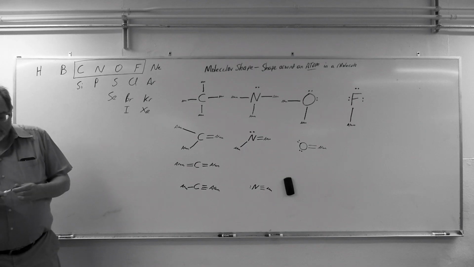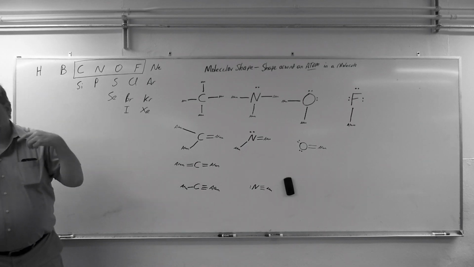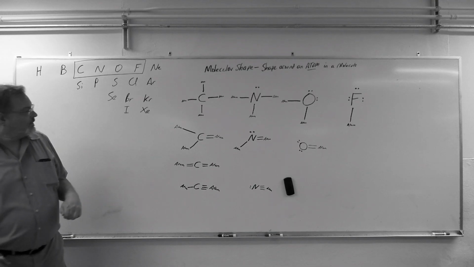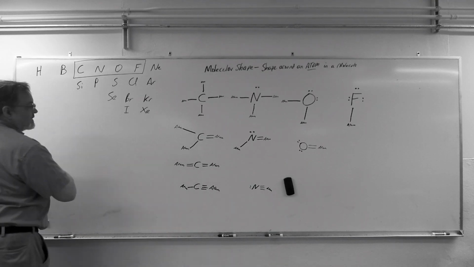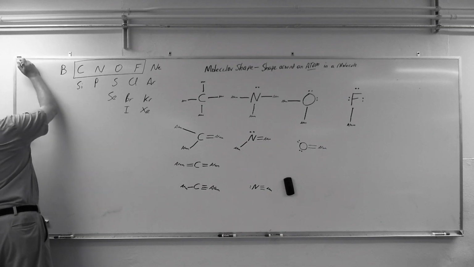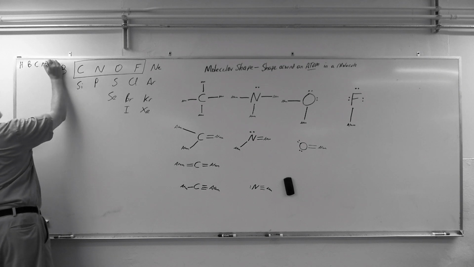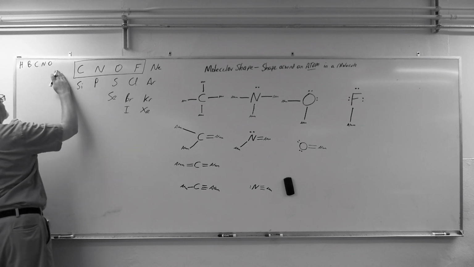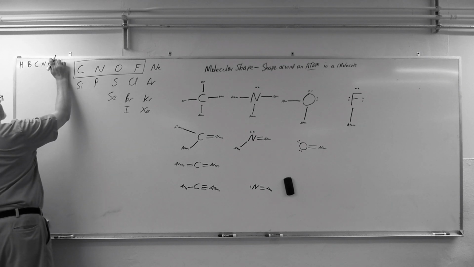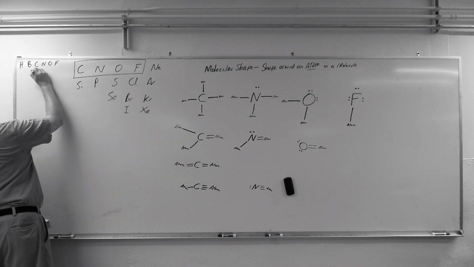The next step is I'll show you a Lewis structure, and you have to look at the atom and tell me something about it. That is, tell me the molecular shape. Let me condense this because I want to leave those there, but I need room to work. Hydrogen, boron, carbon, nitrogen, oxygen, fluorine. I think I'll just leave those on.